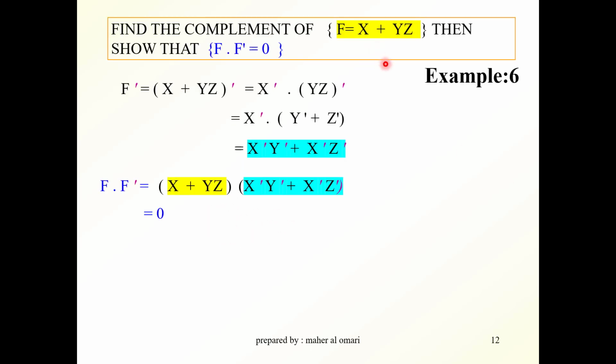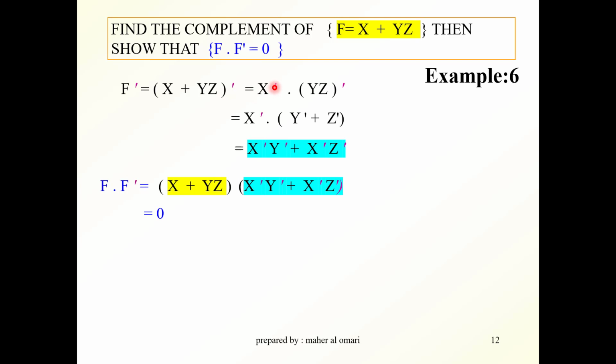Let's take a look at this example. Find the complement of this function and then show that the function ANDed with its complement is equal to 0. First, let's find the complement of this function. F bar is equal to this complemented. We apply De Morgan's theorem here.